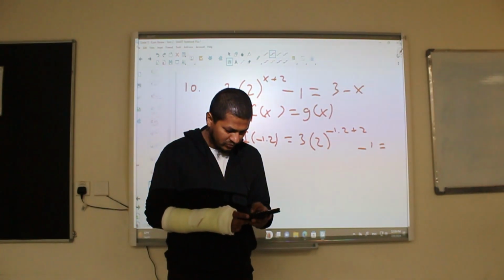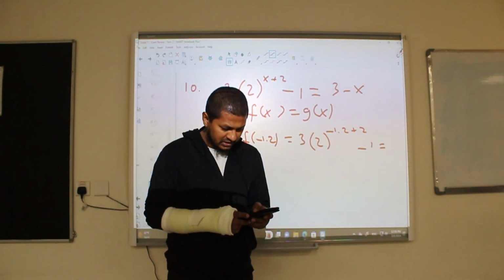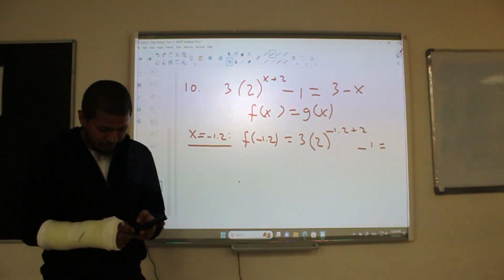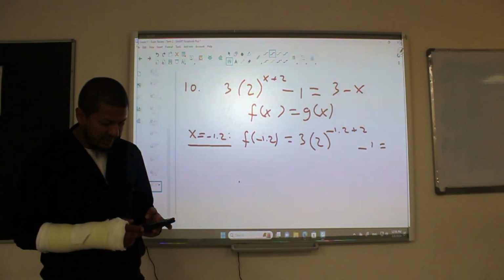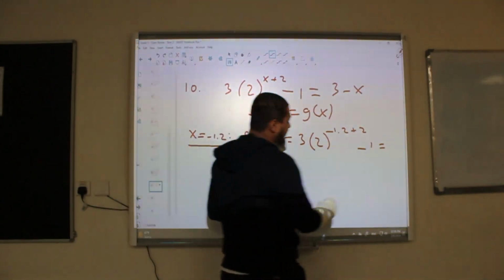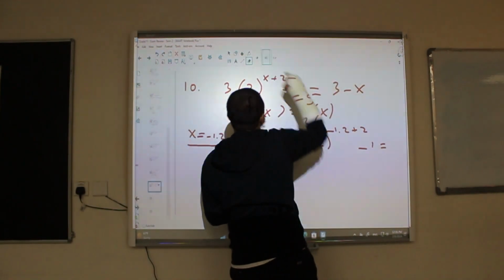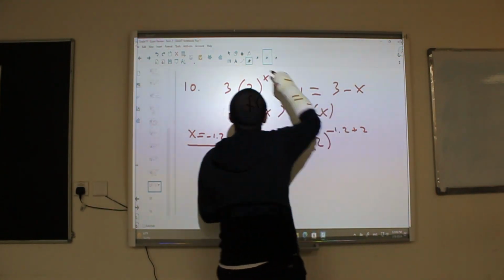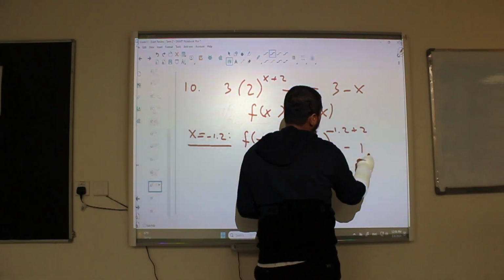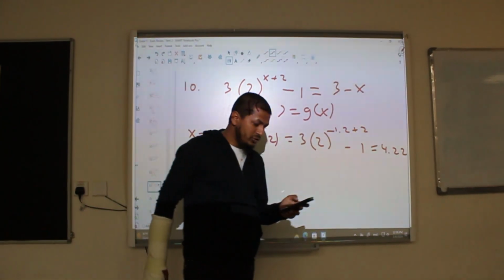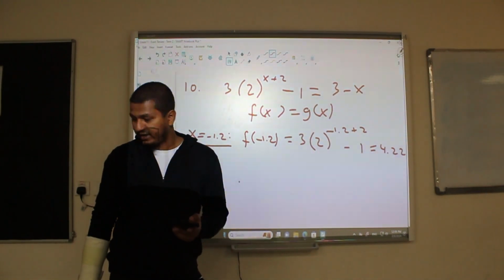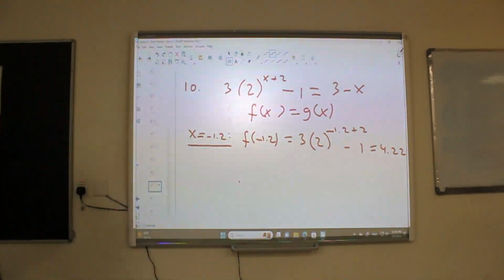Mode 1 computational, 3 times 2 to the power negative 1.2 plus 2 and then minus 1. I get an answer of 4.22, 4.2233038.